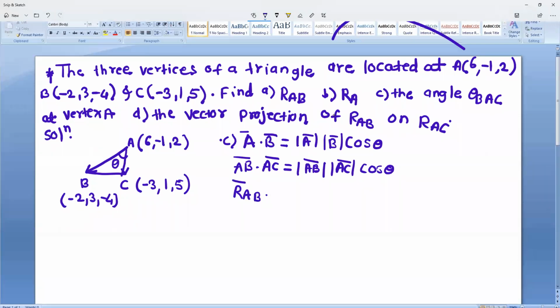Dot, and vector AC bar is given by R bar AC, is equal to mod of R bar AB into mod of R bar AC into cos theta.